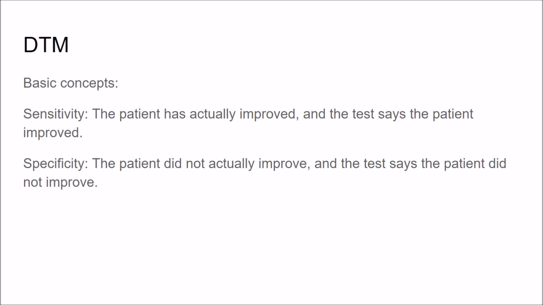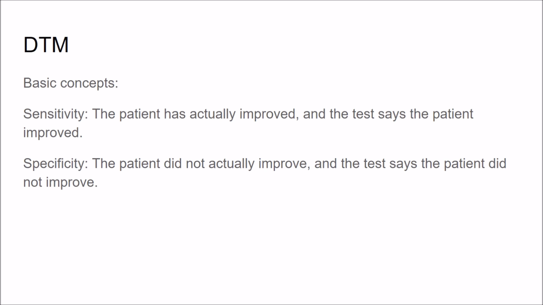So in that particular circumstance, when we apply the outcome measure or the clinical measurement, and the test says that the patient has improved, that means that the test has accurately predicted and measured that the patient has actually improved. In this circumstance, when the patient really improved and the test says the same thing, it's called the sensitivity of the test.